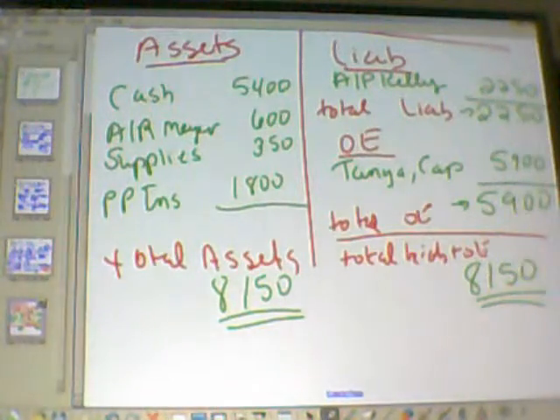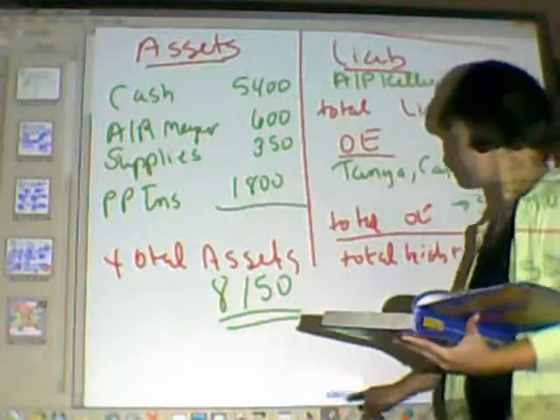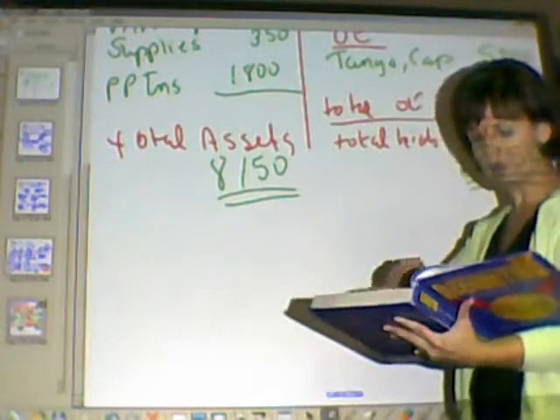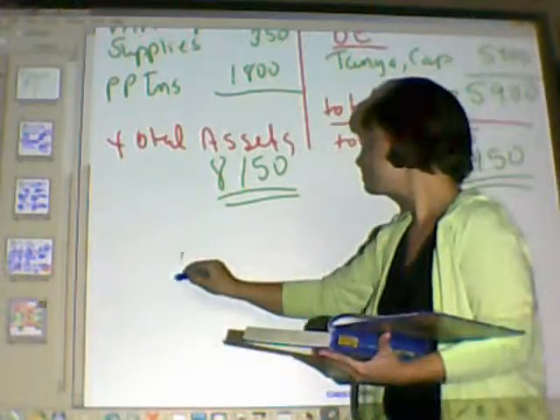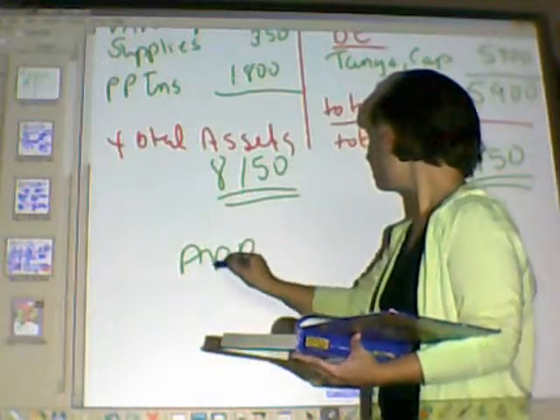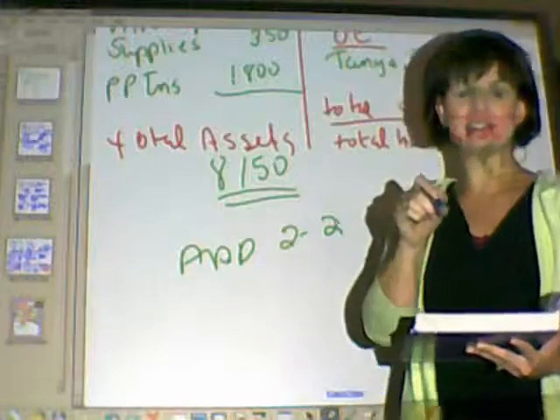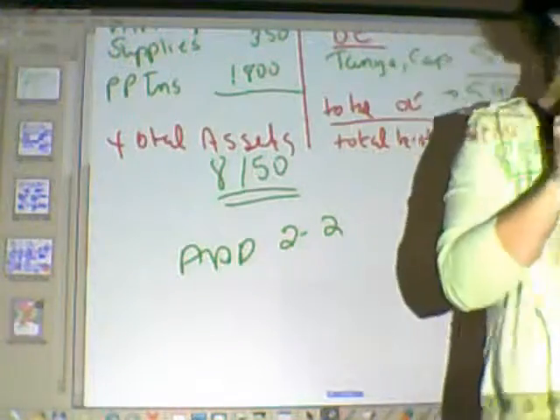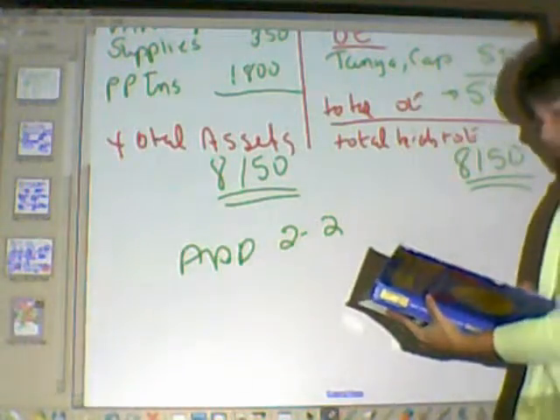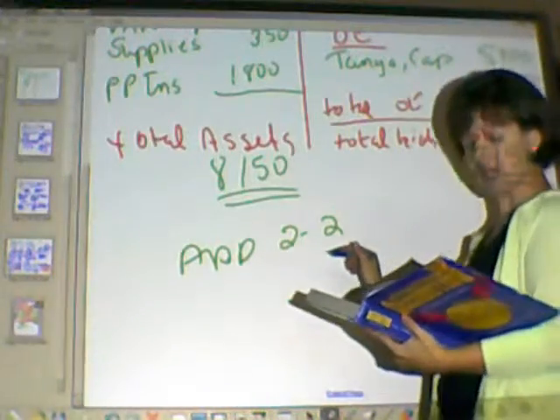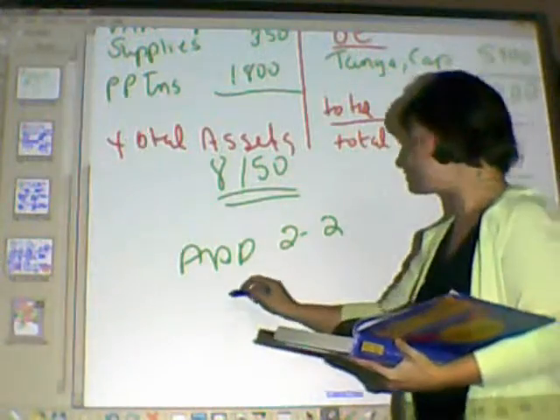What I want you to do for your assignment is, and let me give you your instructions. Okay, I would like for you to go ahead and complete application 2-2. Hey, Lindsay's, if you guys didn't do 2-1, you need to do that. Okay, in application 2-2, you have 12 transactions.